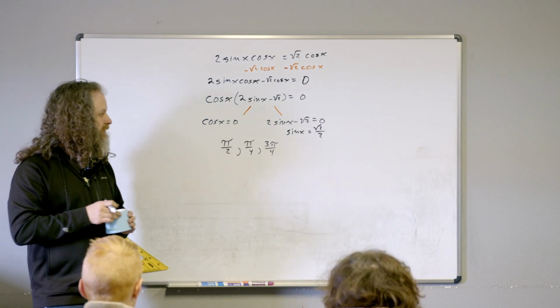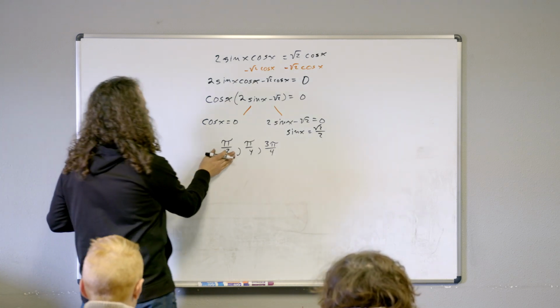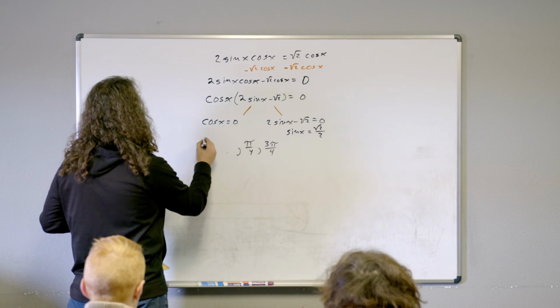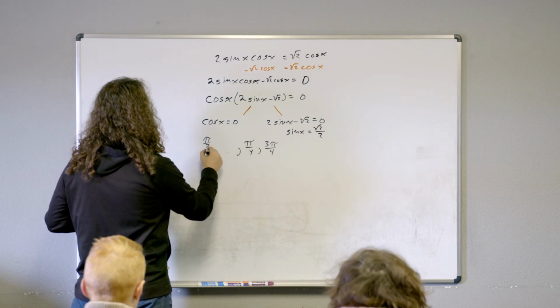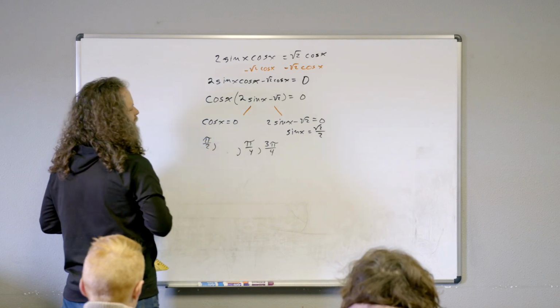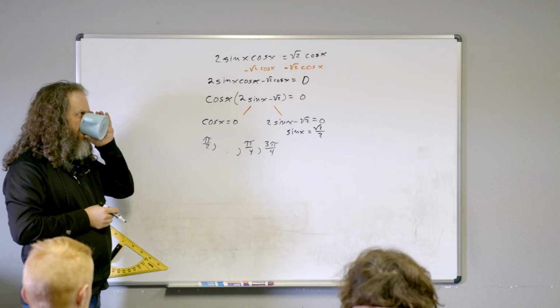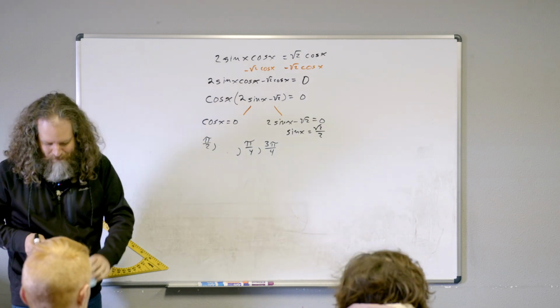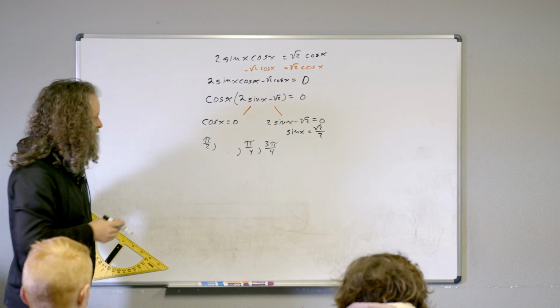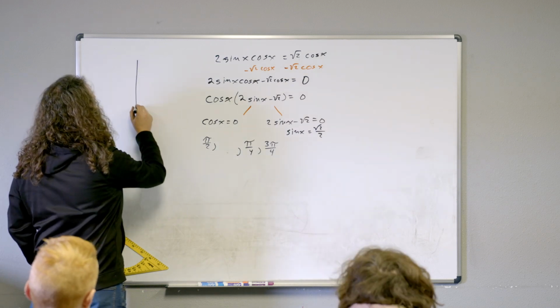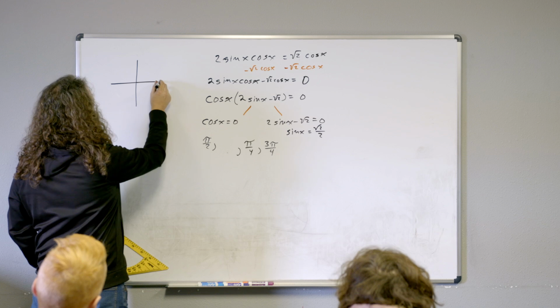Where else? Square root of 2 over 2. Where else is cosine equals 0? The 250 degrees. 3 pi over 2? Yes.